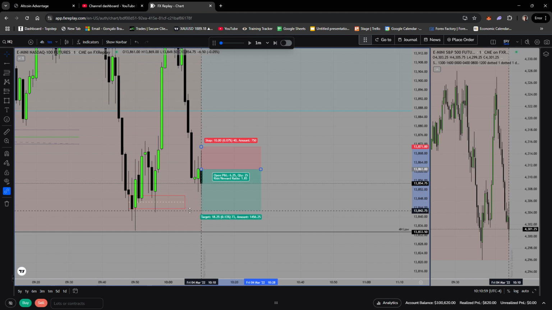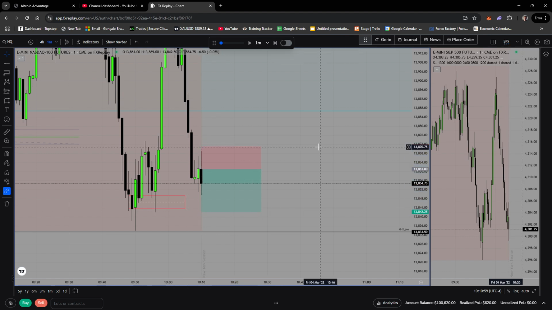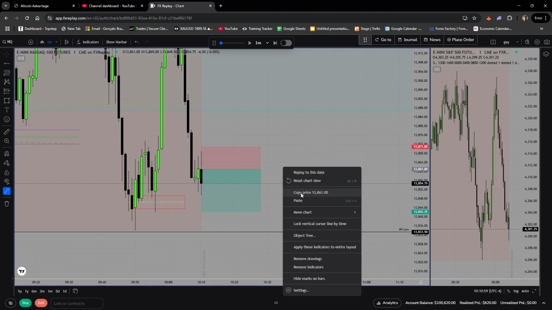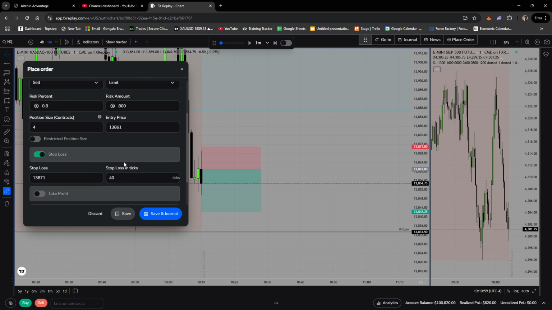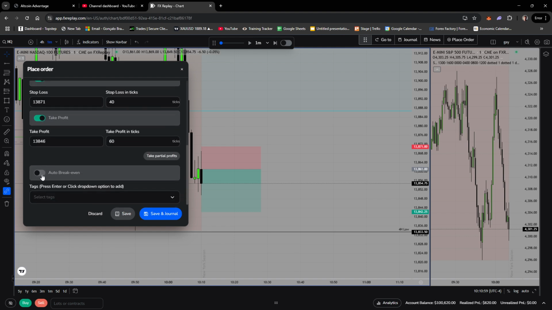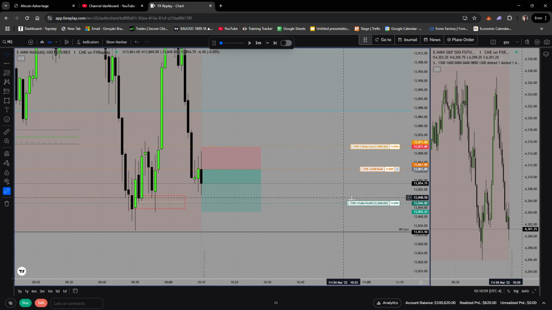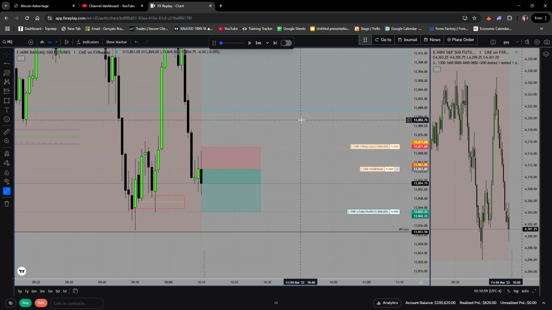So 1-to-1. 1.8. I like the risk to reward. Let's try it. Stop loss 40, take profit 60. Targeting this low.